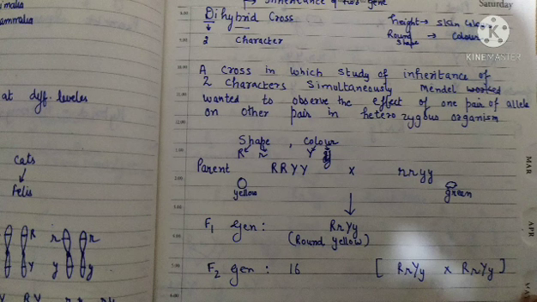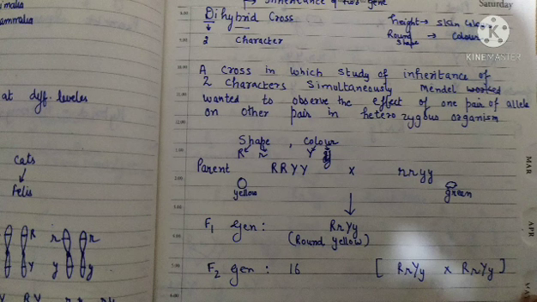The round trait is represented by capital R, and the wrinkled trait by small r. Similarly, the seed color may be yellow or green, where capital Y represents the dominant trait yellow, and green is the recessive trait, represented by small y.